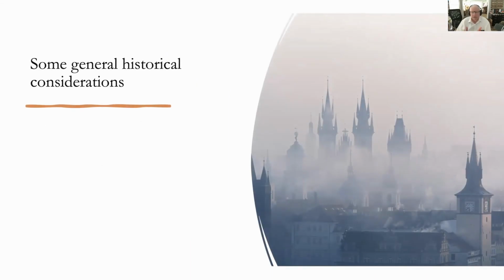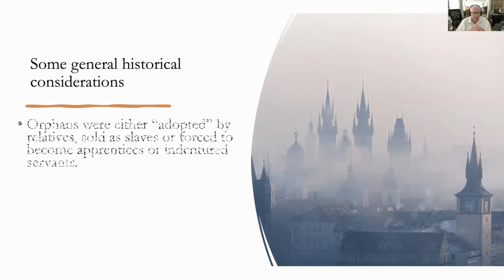So first of all, some general historical considerations about adoptions. Number one, going back in time and looking at society in general around the world, orphans were either adopted by relatives, sold as slaves, or forced to become apprentices or indentured servants. It depends on the society.